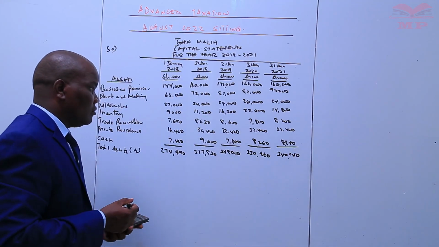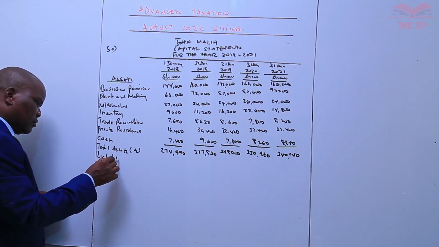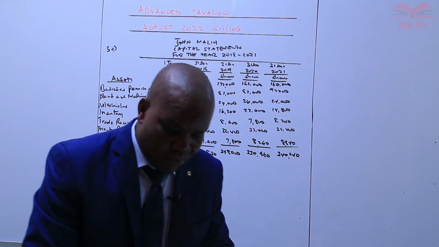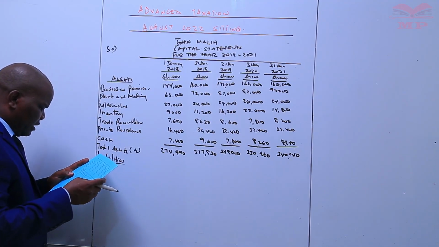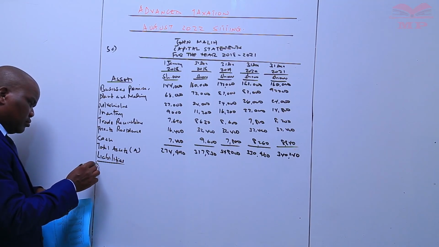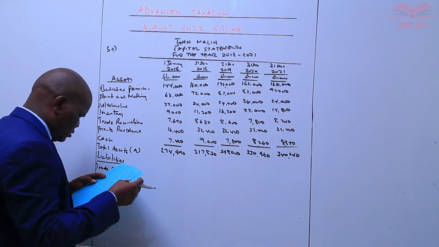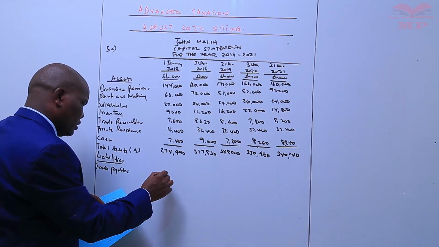Step 2 is to get liabilities. So we write here liabilities. So we list all the liabilities, again, both private and business. So one, we have trade payables. 2018 January, we have 14,900.